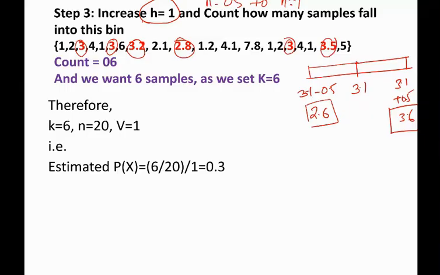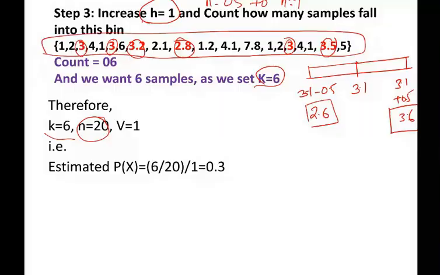So this is by chance. Okay, you may get more, you may get less again. Then depending on that, you have to take a decision. Now suppose I got this 6 and I am interested in 6. Total number of samples are 20 in this list. So this list is with n equal to 20.